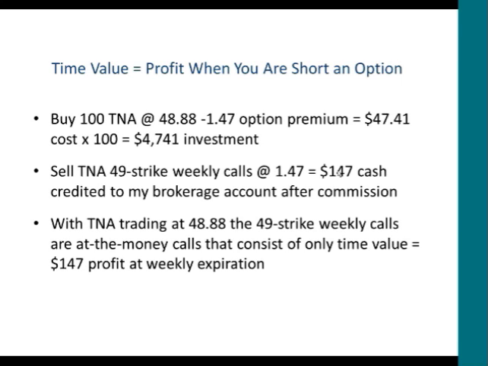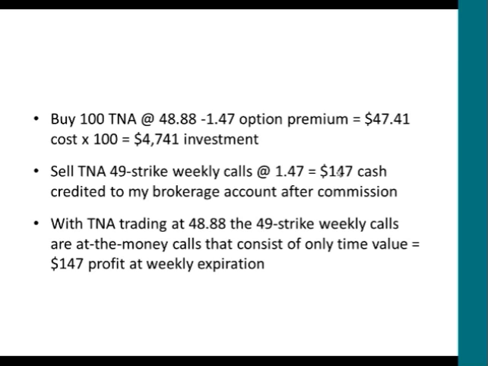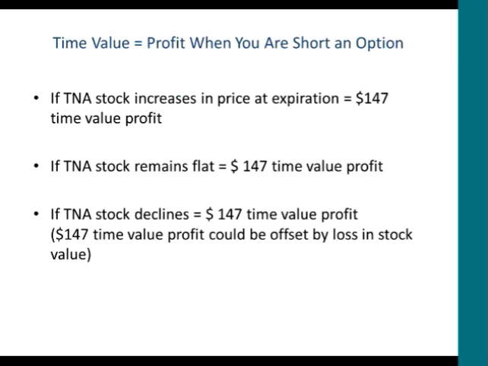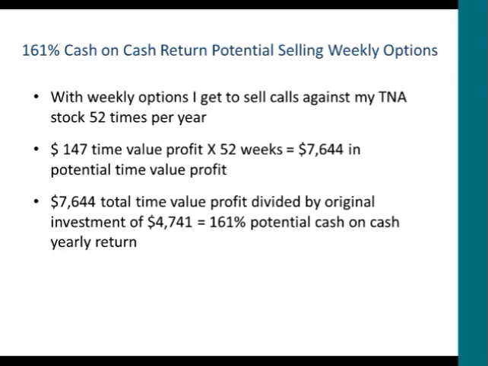And so again, that's time premium you're selling, and if you multiply that out, and you were able to do that 52 times a year, I collect approximately $7,600 in time value profit versus my $4,700 investment. So again, this works out to you have the potential to collect over 160% cash on cash yearly return by selling an option on this TNA each week.